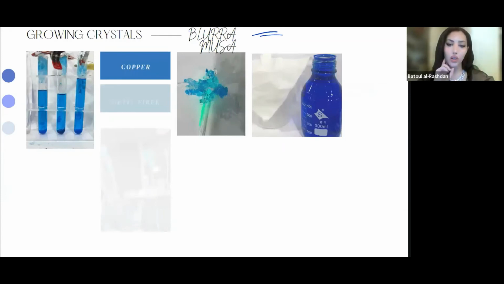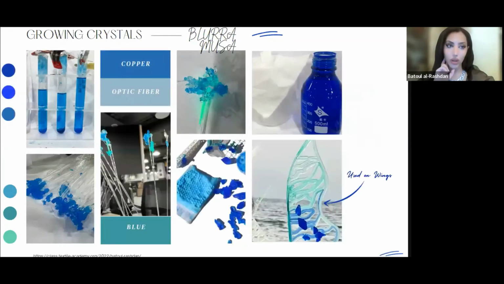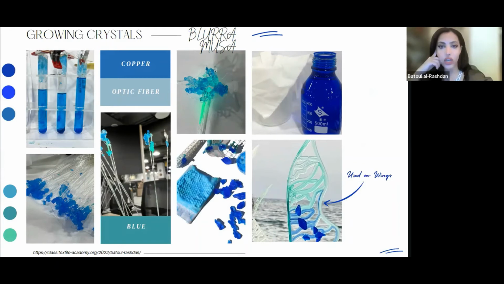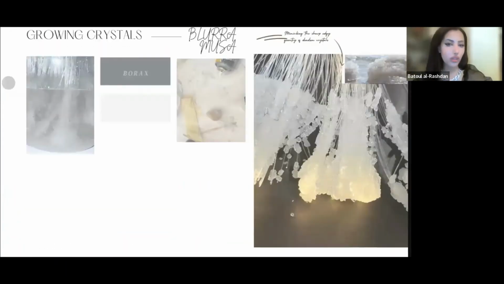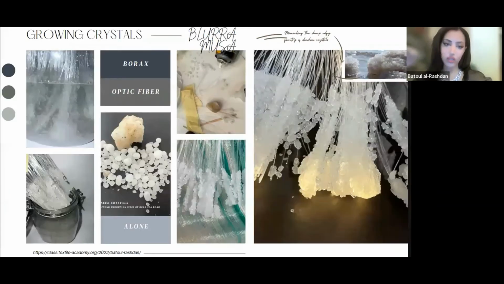Here I was also creating my own crystals, the copper crystals that I placed on the wing. These are all lab-grown crystals using copper. I was also growing crystals on optic fibers, which, for those who don't know, transfer light from the source to somewhere further.